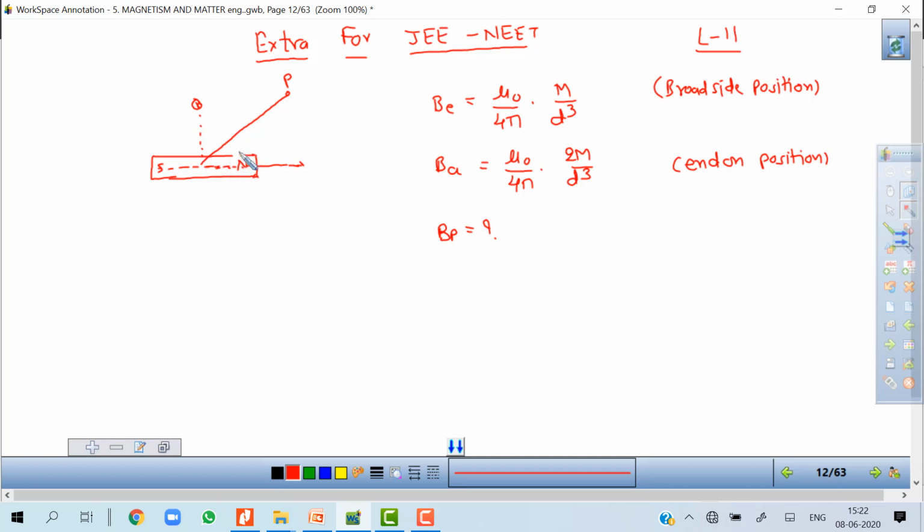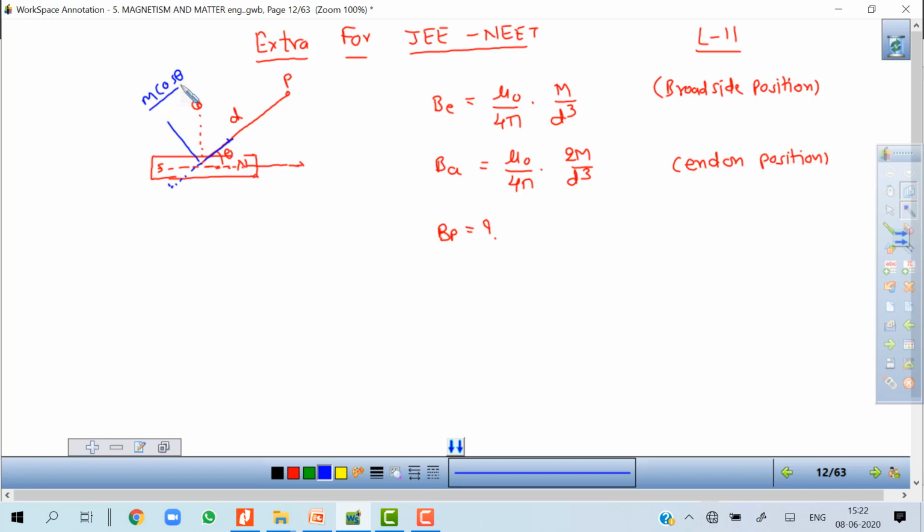So what we do, this angle is theta and distance is d. This is a vector quantity, magnetic moment is a vector quantity. So I take this magnetic moment along this line. Here I take a component of it, and this is called theta, m cos theta.